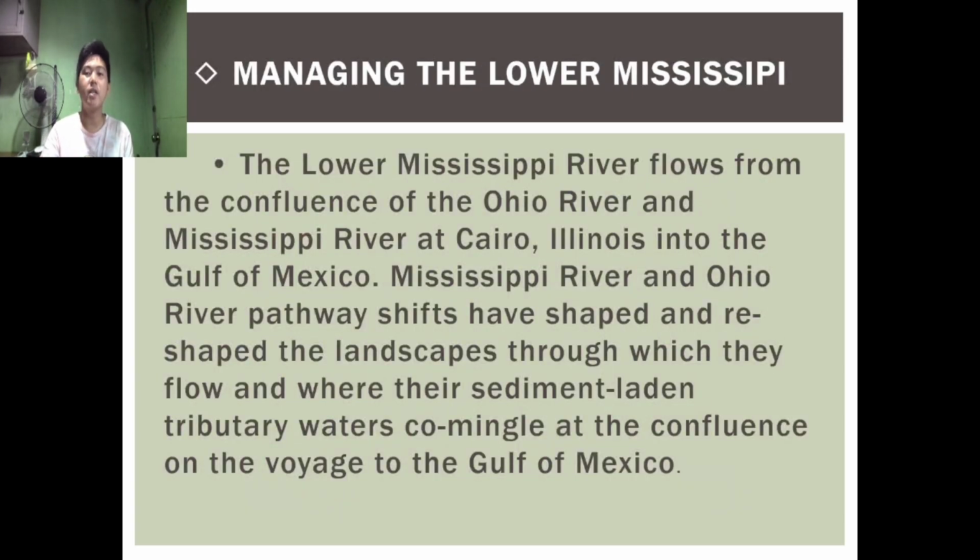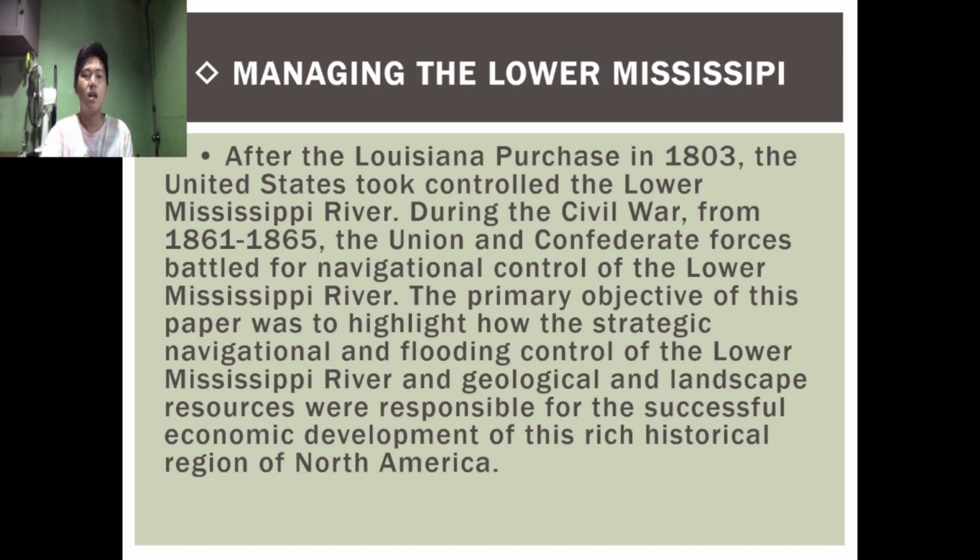The lower Mississippi River flows from the confluence of the Ohio River and Mississippi River at Cairo, Illinois, into the Gulf of Mexico. The Mississippi River and Ohio River pathways have shaped and reshaped the landscapes through which they flow, and where their sediment-laden tributary waters commingle at the confluence on the voyage to the Gulf of Mexico. After the Louisiana Purchase in 1803, the United States took control of the lower Mississippi River.